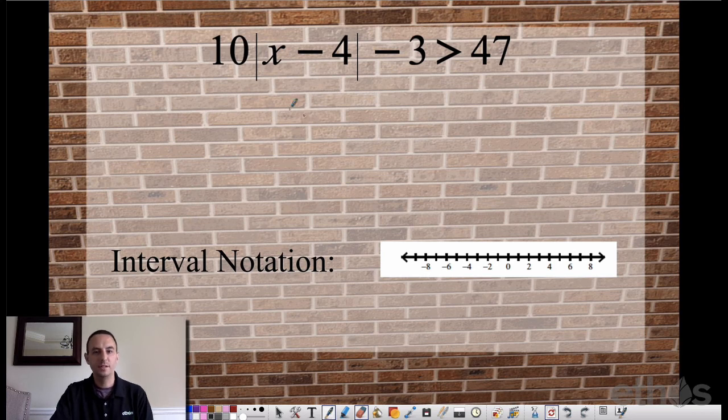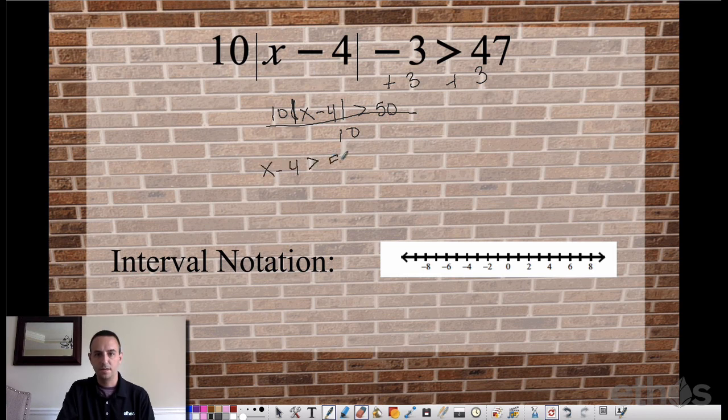All right, so let's go ahead and do this. So we're going to add 3 over here. So we get 10 times x minus 4 is greater than 50. So now we're going to divide everything by 10. So we get x minus 4 is greater than 5. Now we're going to create our two cases. X minus 4 is less than negative 5. So here's my two cases.